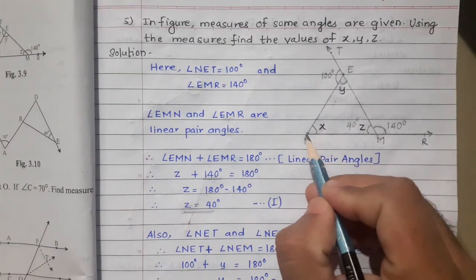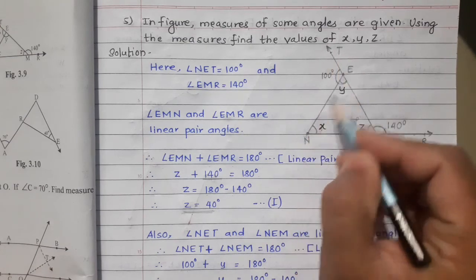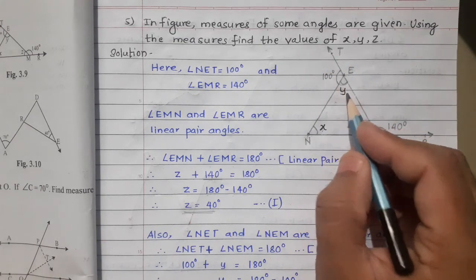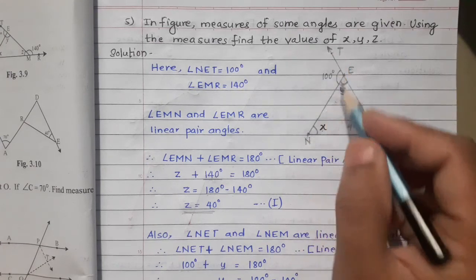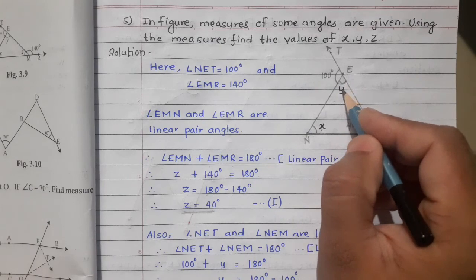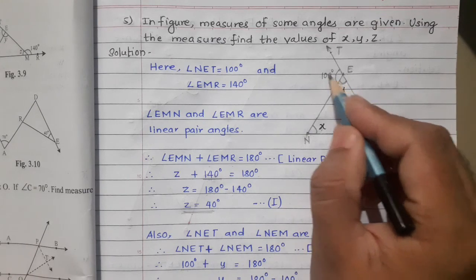Also, angle NET and angle NEM, these two angles are linear pair angles, and we know that linear pair angles are supplementary.